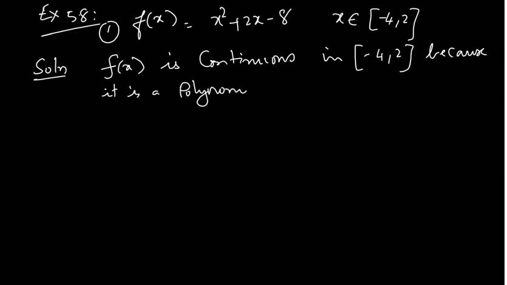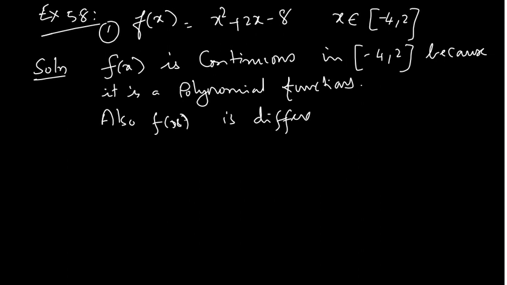All polynomial functions will exist without break, so they are continuous. Also, f of x is differentiable in, just put curved brackets, -4, 2. These two statements you have to write.